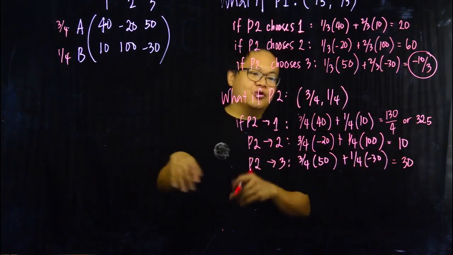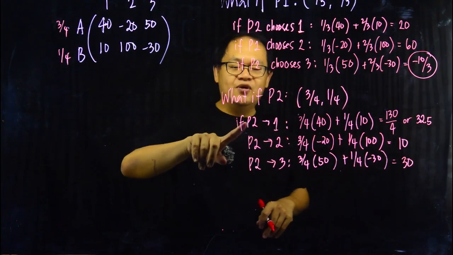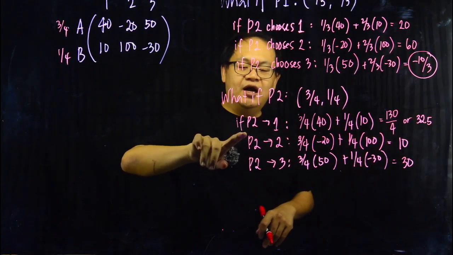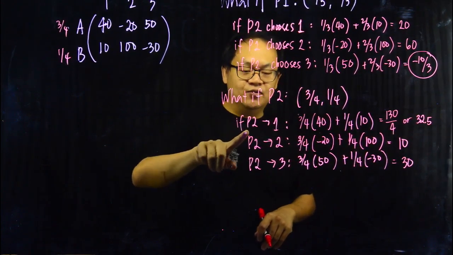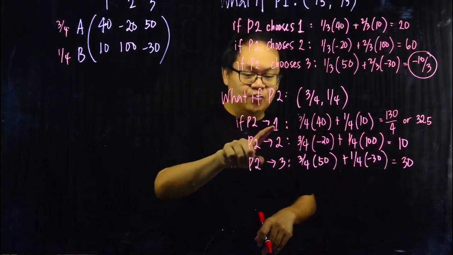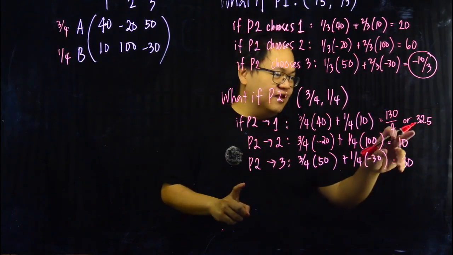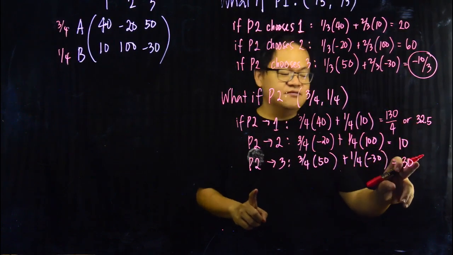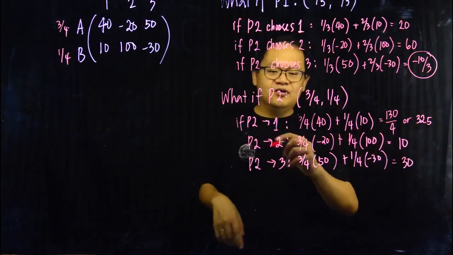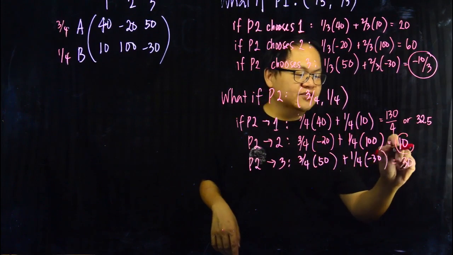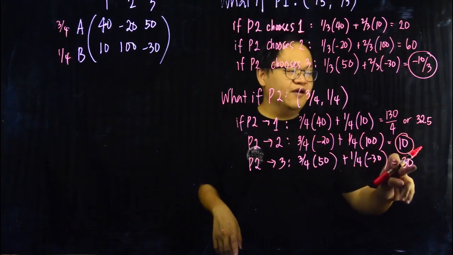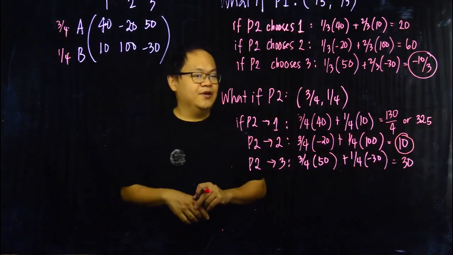And again, because player 2 has control over what strategy he will choose, he can either choose 1, 2, or 3. If the expected value is 32.5, 10, and 30 respectively, then player 2 would like to lose 10 instead of losing 32.5 or 30. Okay?